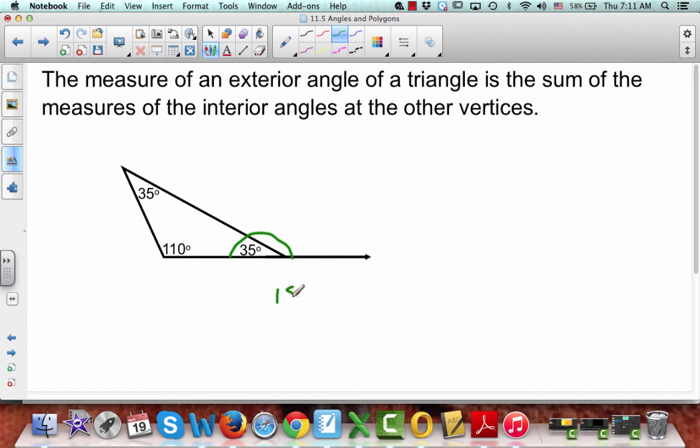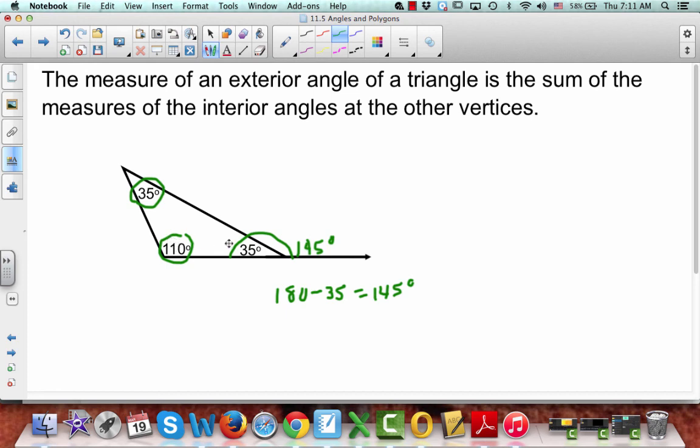So if we want to know what this angle is, we go 180 minus 35, which gives us 145 degrees. So we put 145 here. So we know that already. We can figure that out. But look at the relationship that we have here. 145 is equal to 110 plus 35. 110 plus 35 is 145.